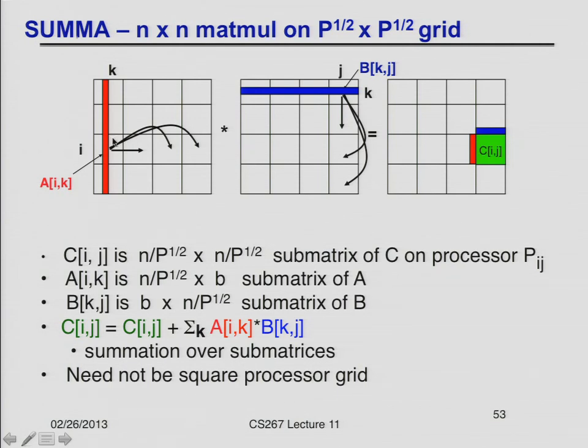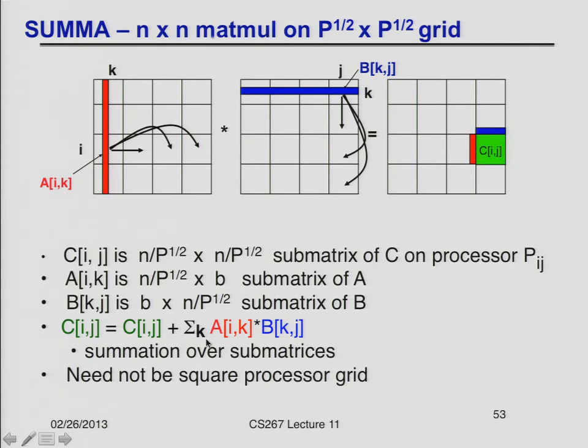What I'm going to do in every step of the inner loop is take this block column of A in red times this block row of B in red, multiply them, and add them to all of C. That's going to be the block formulation. But what does one processor do? What's one processor's responsibility? Suppose I want to update that little green block of C, C sub ij. I take that subblock of A in red, that subblock of B in blue, there they are, multiply that times that and add them to C. That's going to be the inner loop of the algorithm.